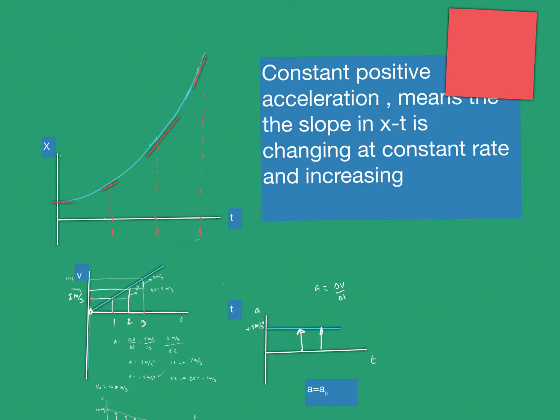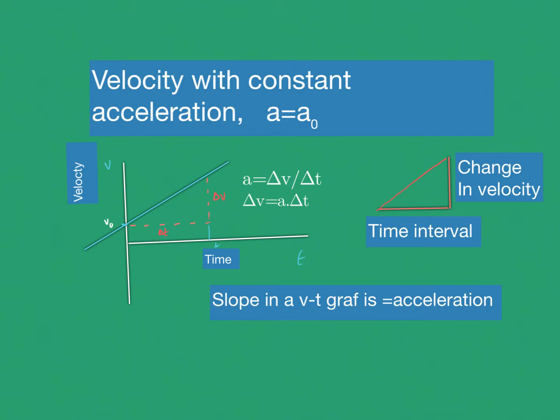So in this case, we have a motion with constant acceleration because the slope is changing at a constant rate. So it's logical to expect that in a motion with constant acceleration, or velocity changing at a constant rate, the graph of x of t will be like this. Indeed, it will be a parabola.